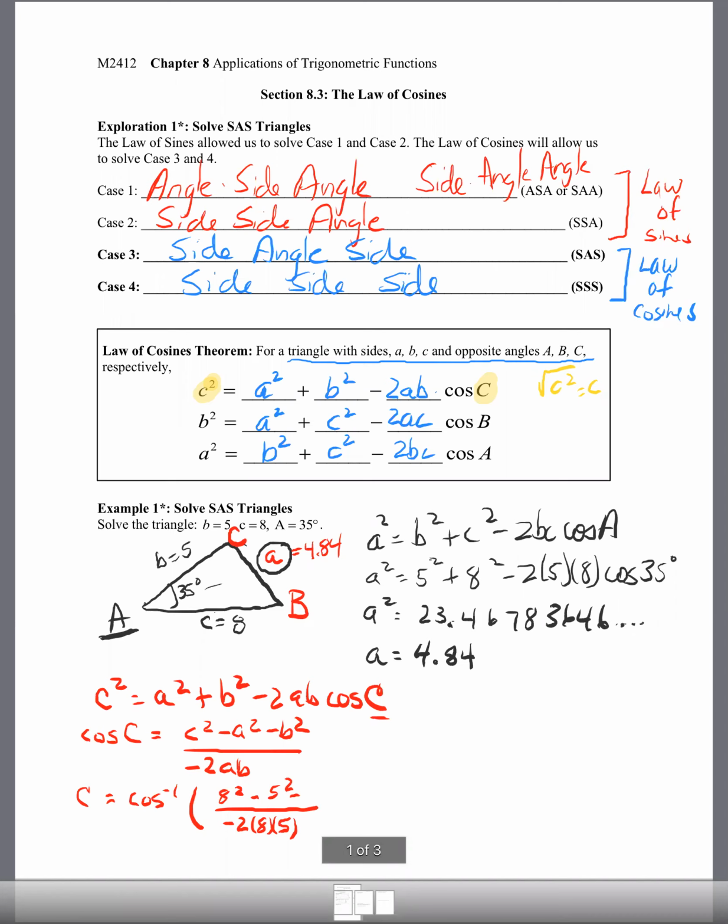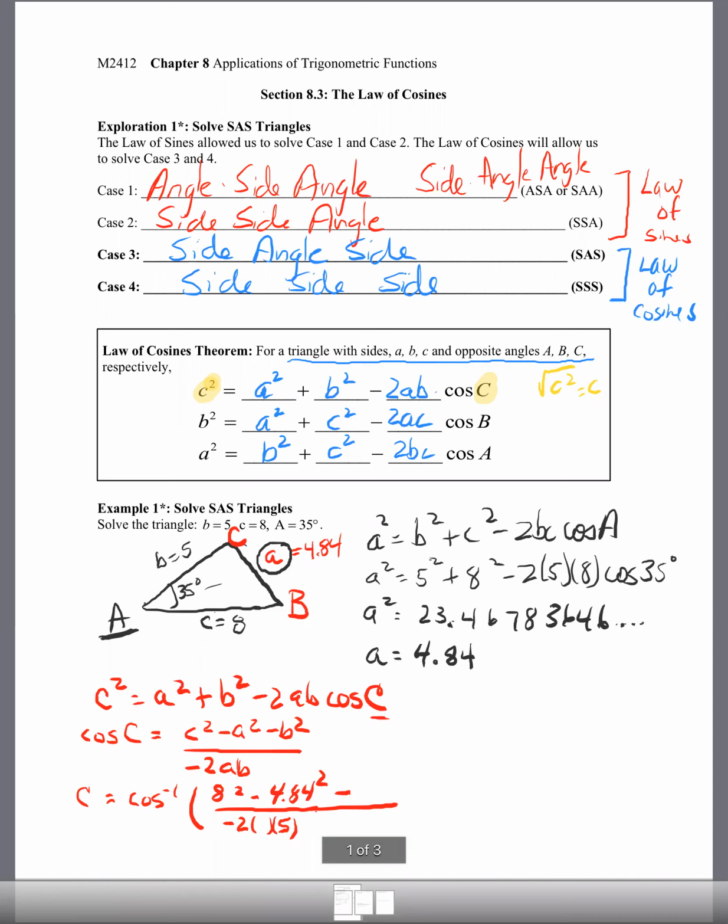And let's see, I want A and B, so let me run back in here. Okay, so the value of C was 8, so that's an 8 squared. The value of A, we can take it as 4.84 and square that.